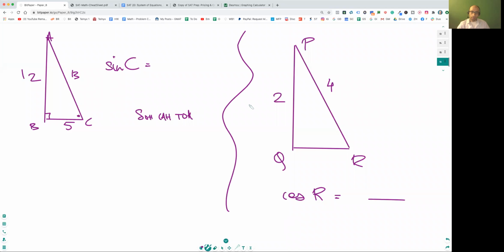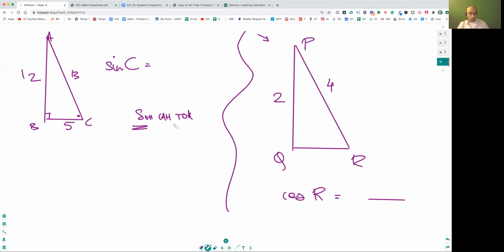This is the harder problem, guys. This is for hard, and this is easier. It's a slightly complicated, tricky problem, but take your time. Remember, the hint is I'm not giving you sine of R. Sine of R is easy. What's cosine of R?